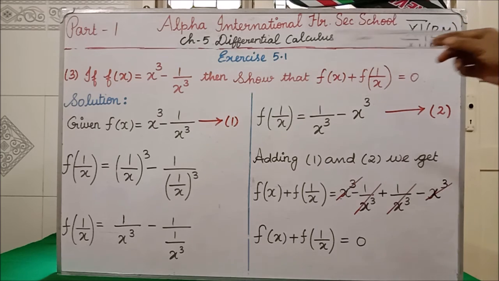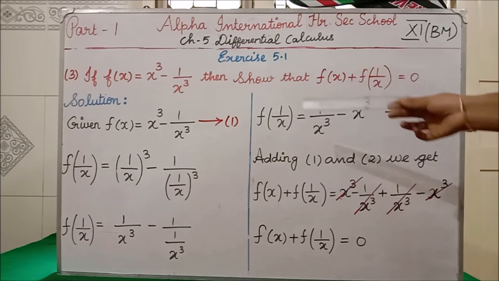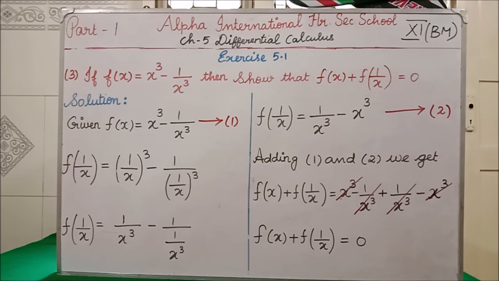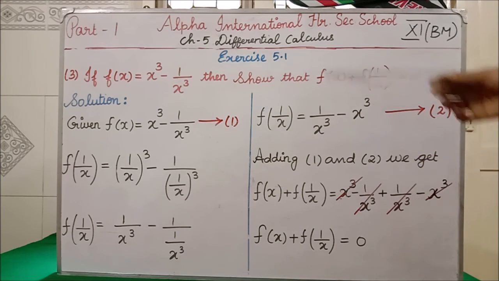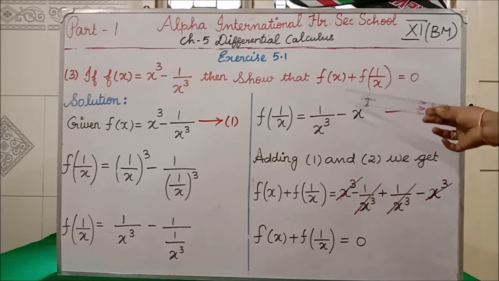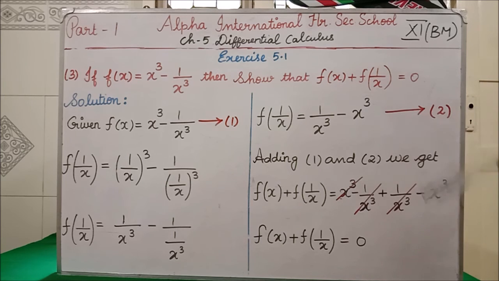Now we have to add 1 and 2. Since I am adding 1 and 2, what is the left hand side there? f of x plus f of 1 by x. f of x value is x cube minus 1 divided by x cube. In the middle we are having plus, so plus f of 1 by x is 1 divided by x cube minus x cube.